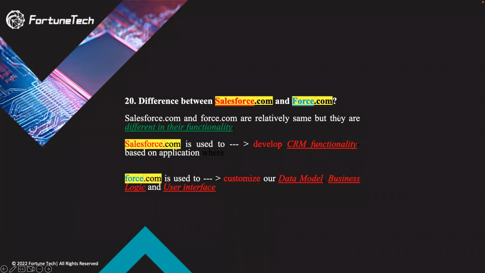The difference between these two is just about their functionality. Salesforce.com, you are just using to develop CRM functionality. Force.com is about customizing your data model, business logic, user interface, that kind of stuff.